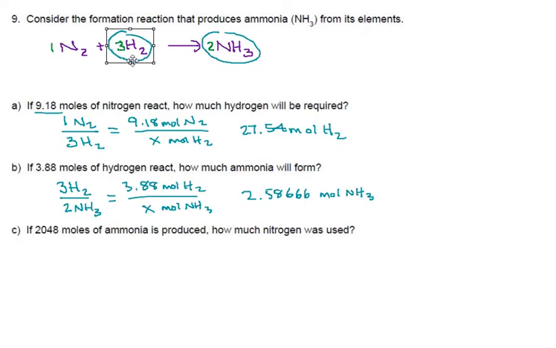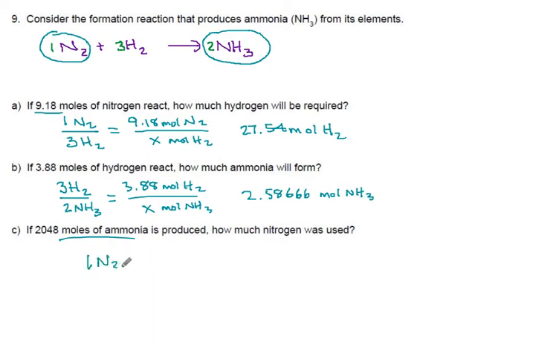And finally, I assume this will be a different ratio, but let's find out. They start us with moles of ammonia, and we're going back to moles of nitrogen. So our ratio, you could do 2/1 or 1/2. It doesn't matter all that much. I'll do, for no particular reason, I'll write 1 nitrogen for every 2 ammonia.